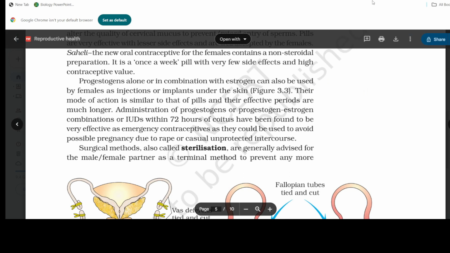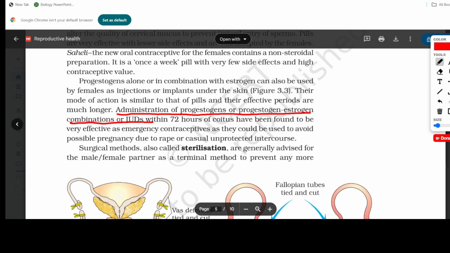And they have also mentioned here, administration of progestogens or progestogen-estrogen combinations, or IUDs within 72 hours of coitus have been found to be very effective as emergency contraceptives. So for emergency contraceptives also we use hormonal medicines.